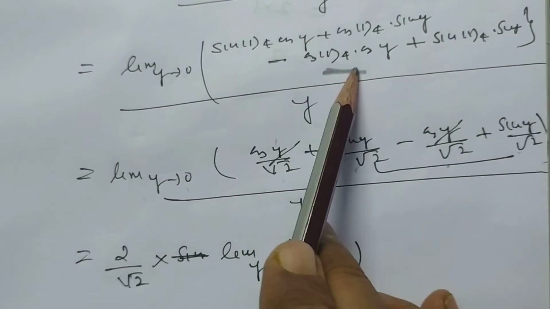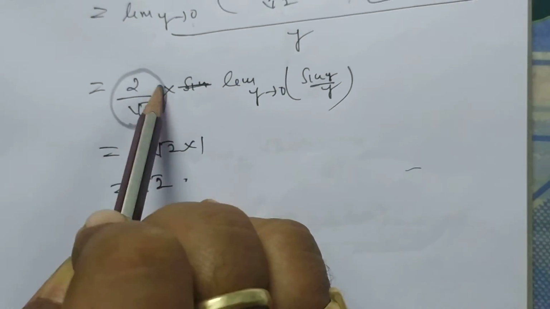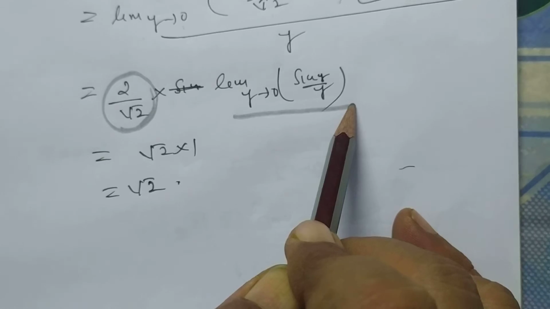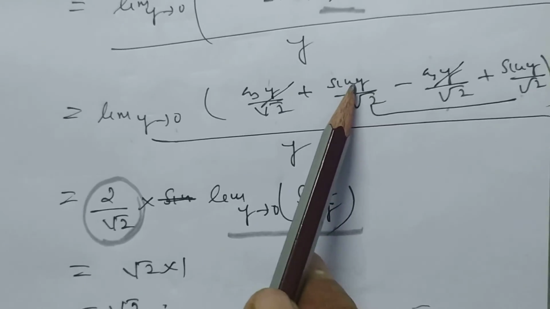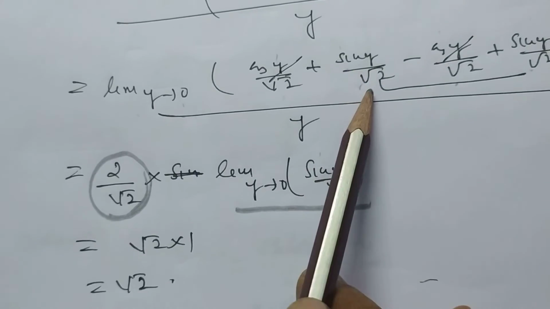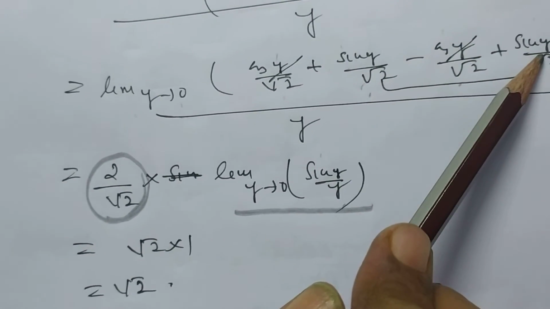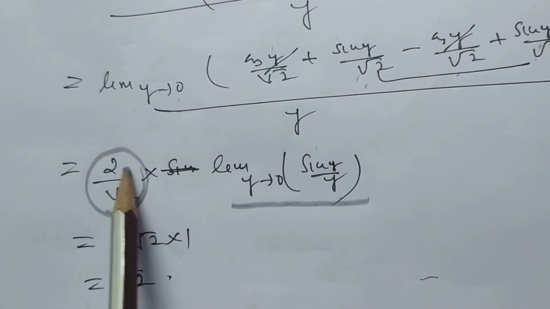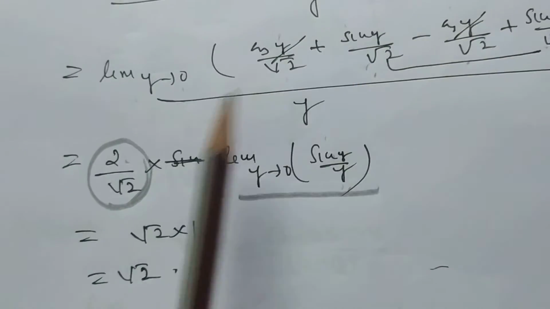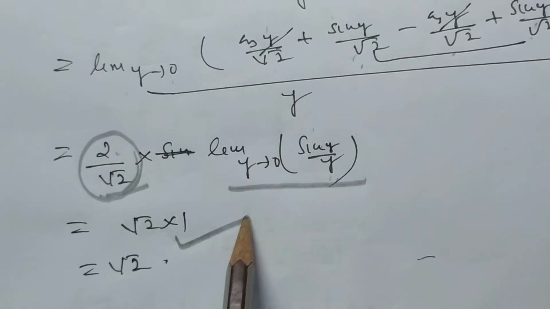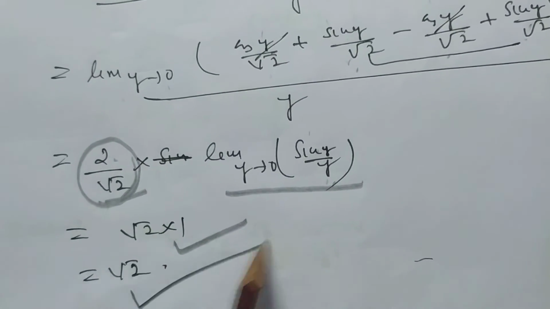By putting the value of pi by 4, that is 1 by root 2, now we have 2 by root 2, limit y tends to 0, sin y by y. So this is root 2 into 1, which is equal to root 2.